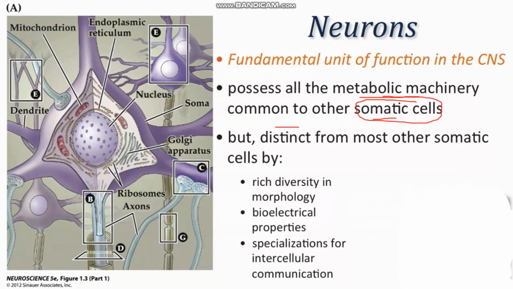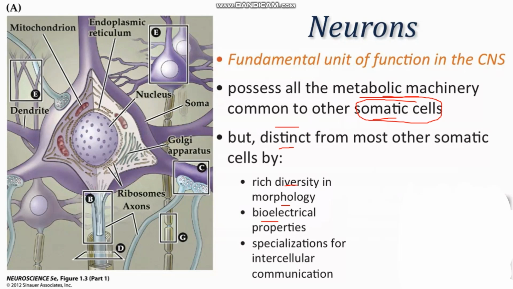But a neuron is a bit different from other cells in some other aspects, such as its diversity in form and morphology. Whenever we talk about form, we also think of physiology, because form and function are closely related. So it is different in form and function also.